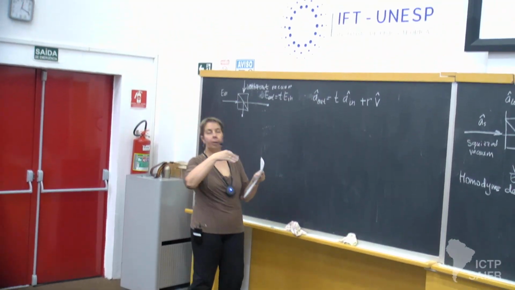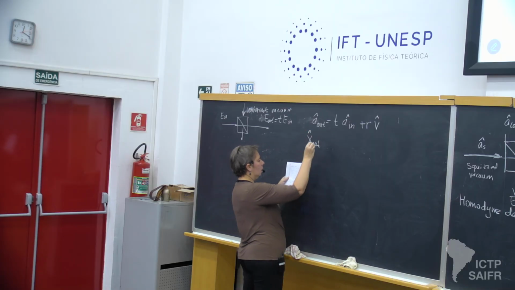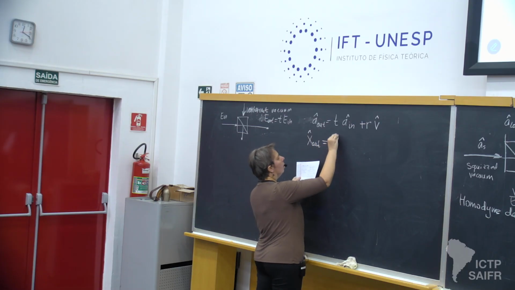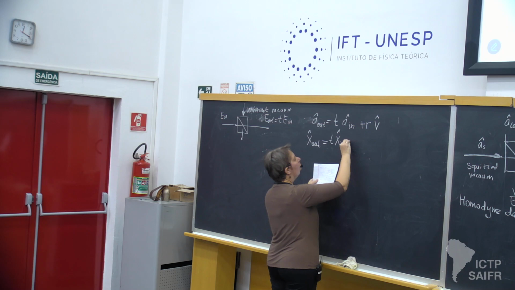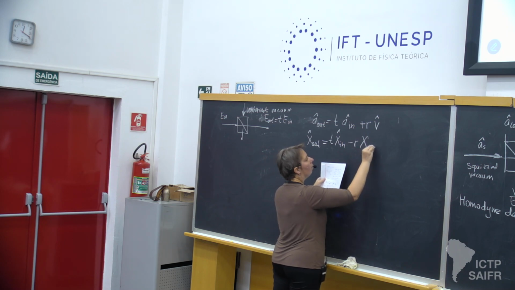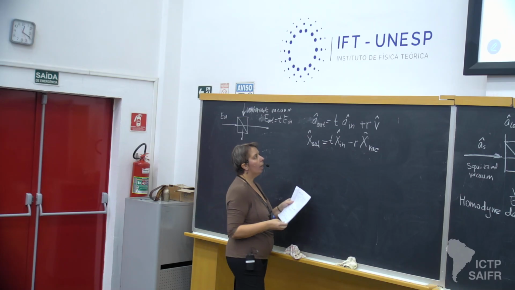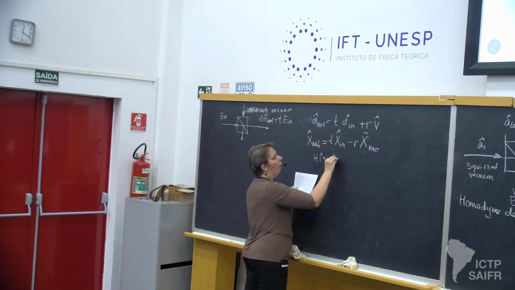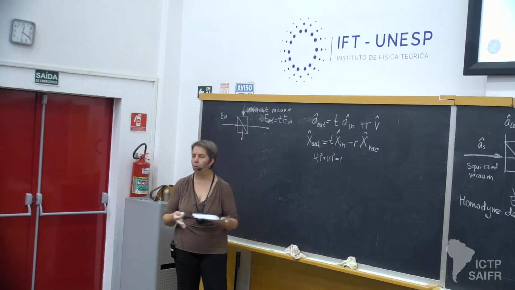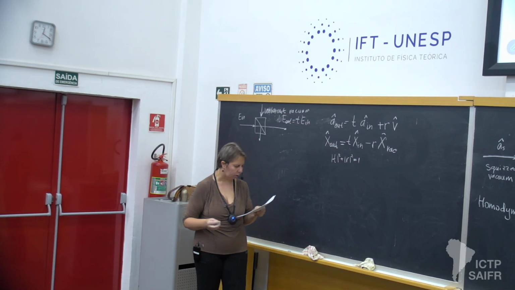So that means that if I write down the quadratures for this expression, we will find that it's T times the input quadrature minus R times the vacuum quadrature of the other port. And by the way, you can confirm that if T squared plus R squared equals 1, which is the case of the non-lossy beam splitter, that will exactly preserve the commutation relationship.